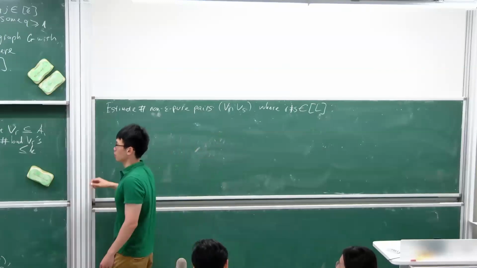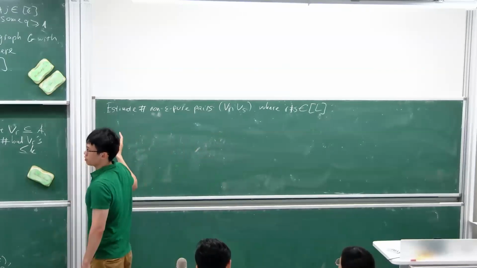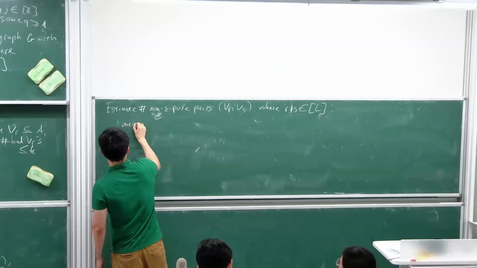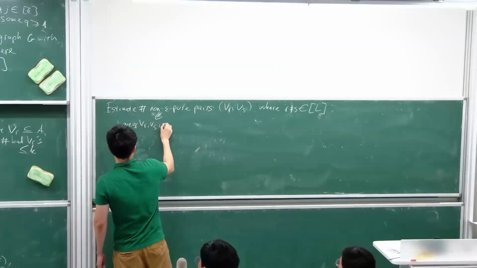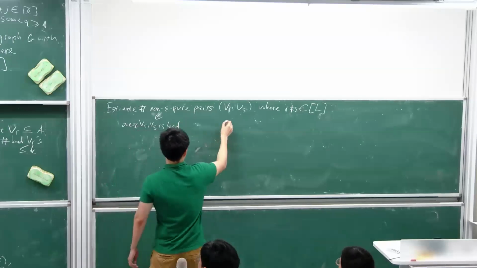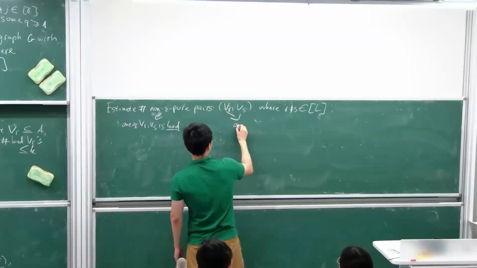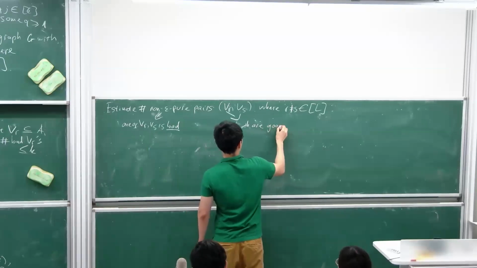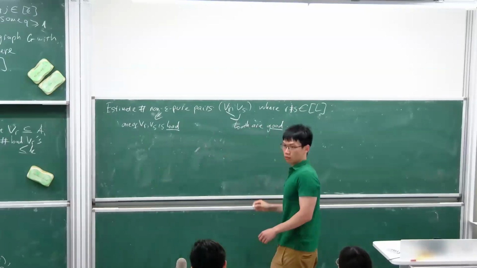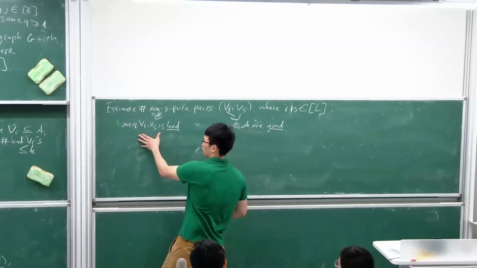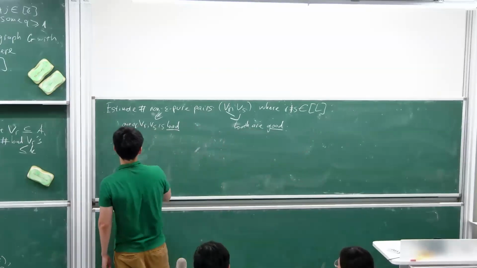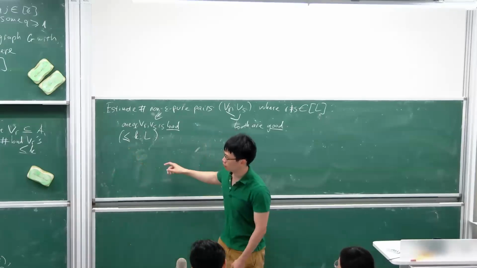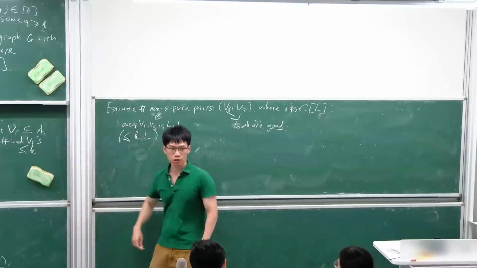The first is that one of VR, VS is bad. The other kind is both good. The number of the first kind is at most K times L, because you have at most K bad VIs.